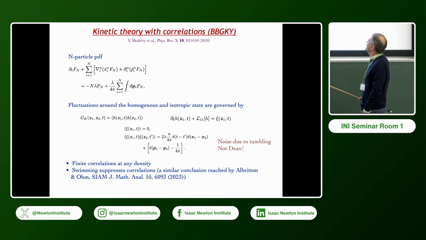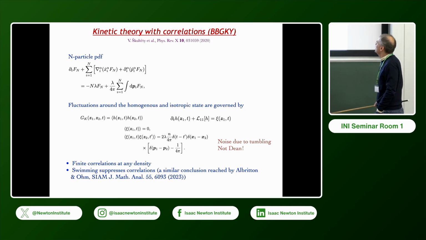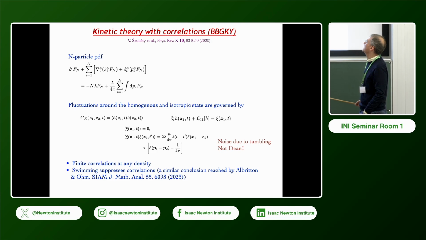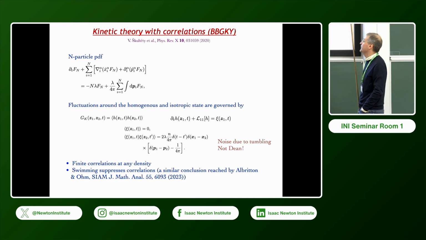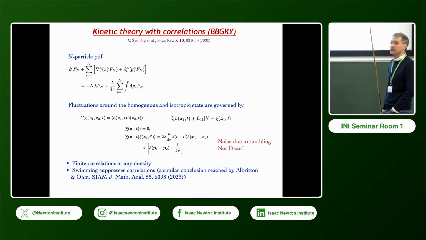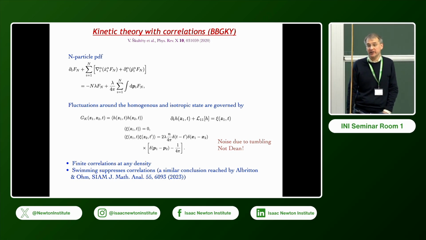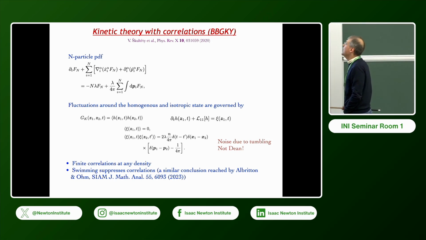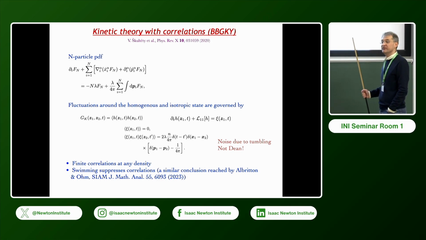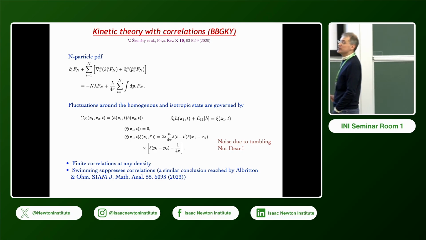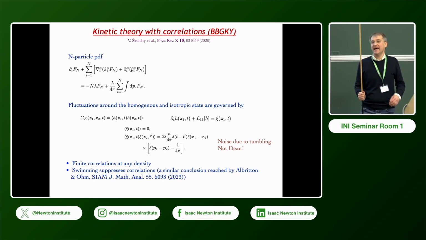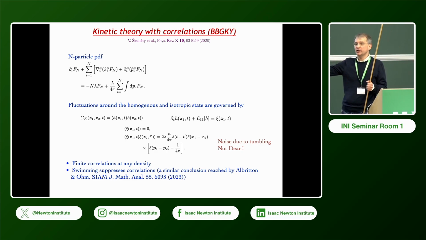And so in order to process this amount of information, we confine ourselves to 2 correlation functions: f, which is a 1-point object which we used in the kinetic theory in the mean field approximation, plus the 2-point correlation function that encodes the correlation between microswimmers. You can actually solve this exactly, more or less, up to the onset of collective motion.